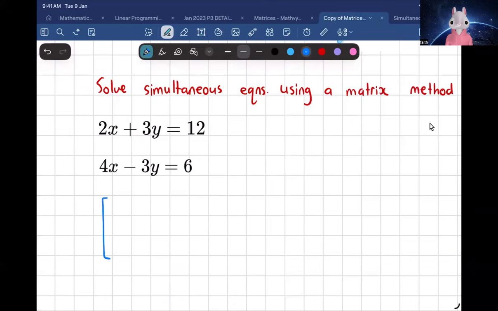So guys, what is the coefficient for x here? 2. What is the coefficient for y there? 3. So I'm going to write 2, 3. I hope I'm not confusing anybody. What was the coefficient for x there? 4. What is the coefficient for y here?